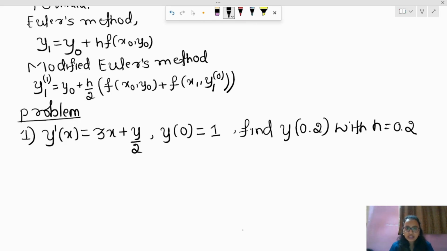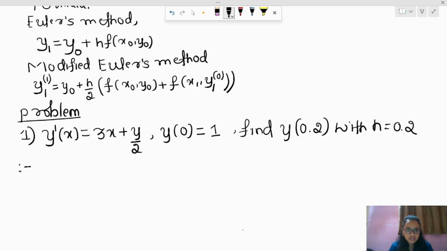We have to look at the value of the given initial condition, and at what value we have to find y. Here the initial condition for x is 0, and we need to find the value of y at x equals 0.2, and the common interval is 0.2. Thus the problem will be carried out with only one stage.